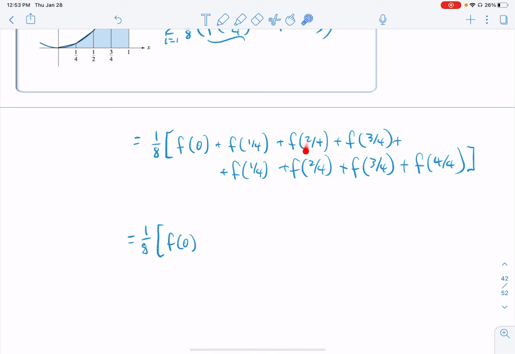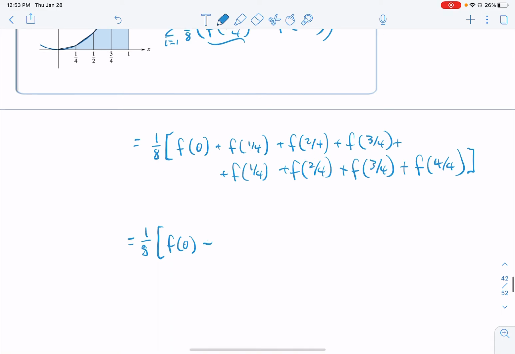And notice that you have two of all of the interior ones: 2f of 1/4 plus 2f of 2/4 plus 2f of 3/4. And then you have one of the right endpoint. That should be 4/4. What a mess.